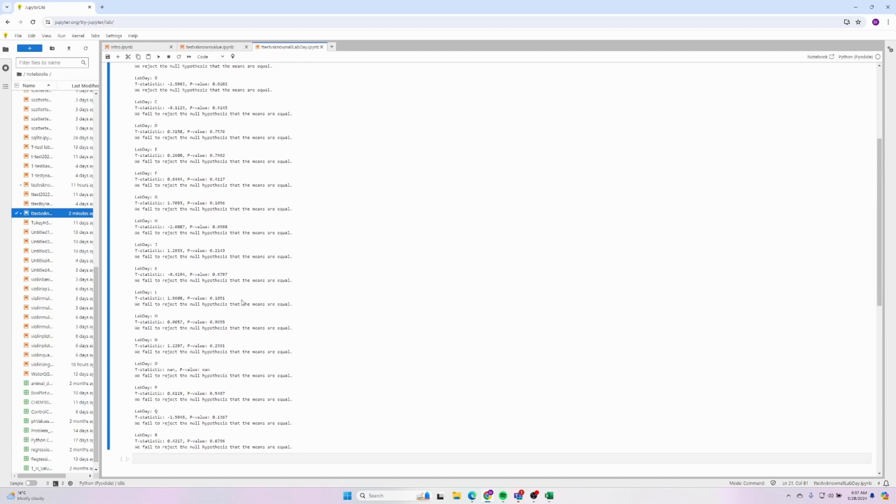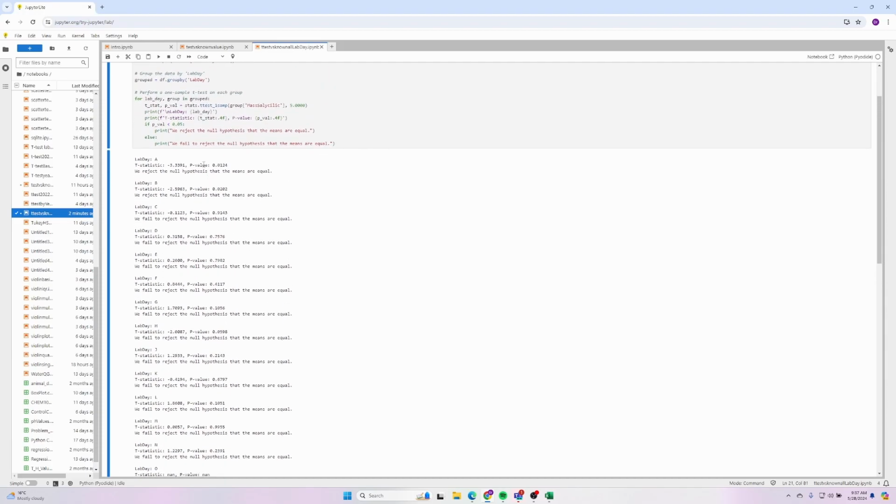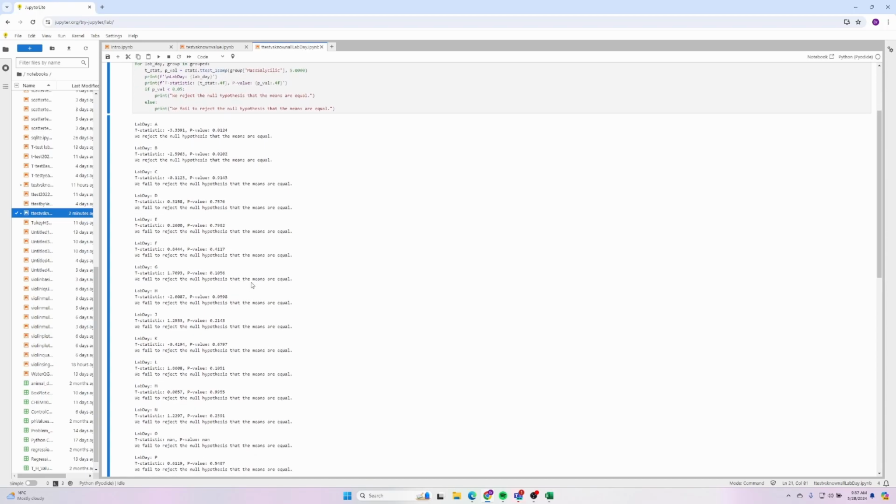In our ANOVA video, I told you that when we run the ANOVA we can't see which one of these means is different. The ANOVA just tells us that something in there is different and not all the means are equivalent. Here we can do a for loop and actually see which ones are equivalent to the value that we're looking for.